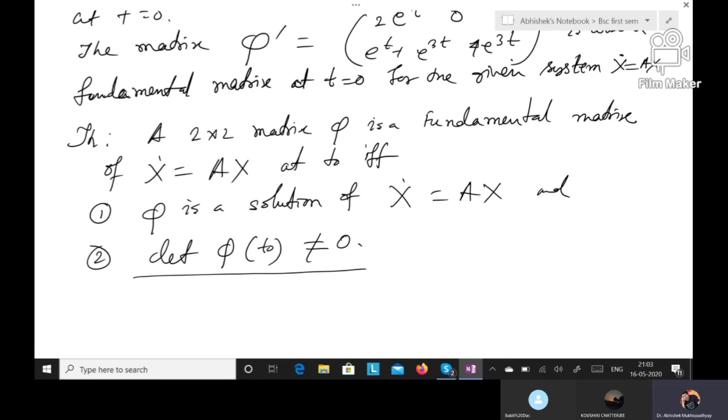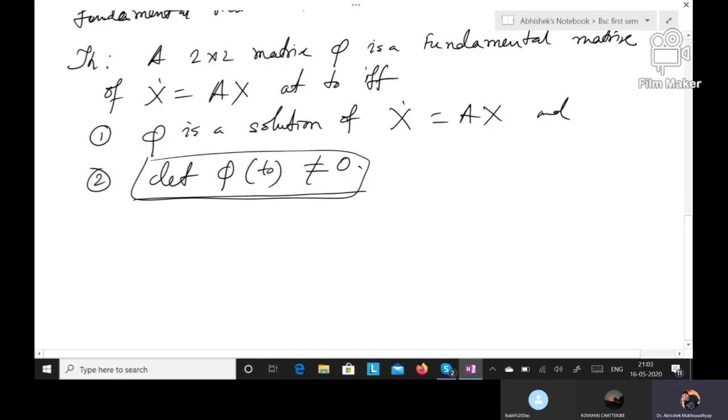And when do we call the columns of the matrix phi linearly independent? If and only if their determinant is non-zero. So this condition is needed. So let us have a look at the proof.